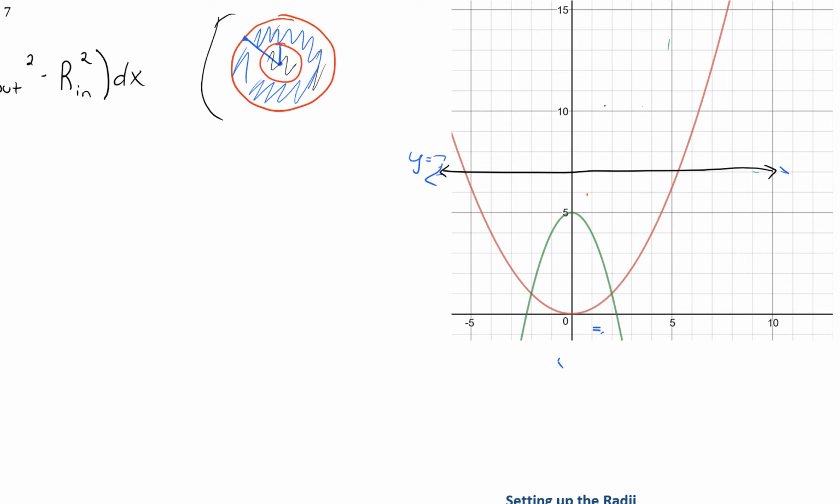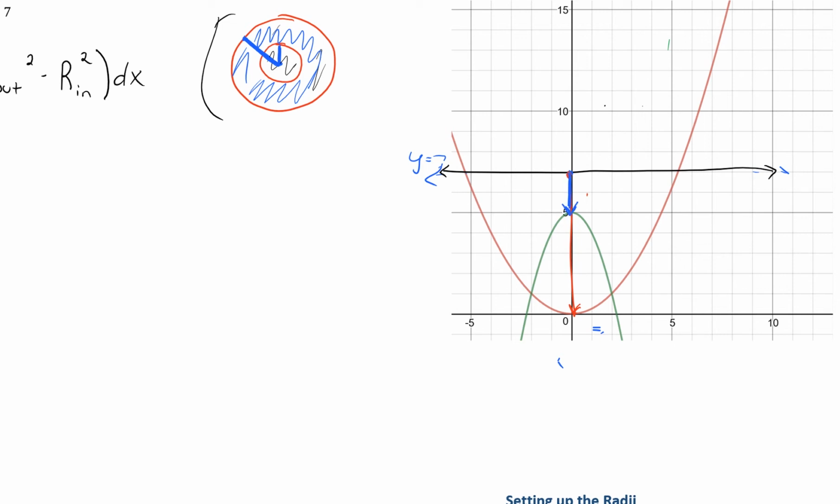One of my radii going from here to here would be the inner radius. Going from our axis of rotation all the way out here would be our outer radius. Imagining the circle over here, starting here, this is my inner radius, and this is going to the outer radius.